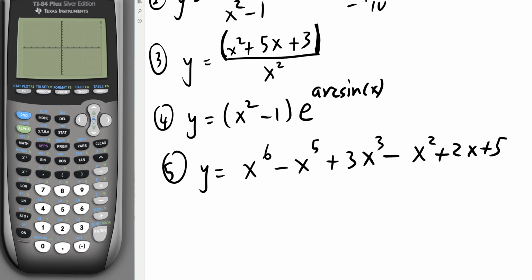So the graph might appear like this. Again, as I said, you can zoom in and zoom out. If you go zoom in, hit the enter key twice. See, it might cut it off there. If you zoom out, it's going to return it back as it gave us earlier.